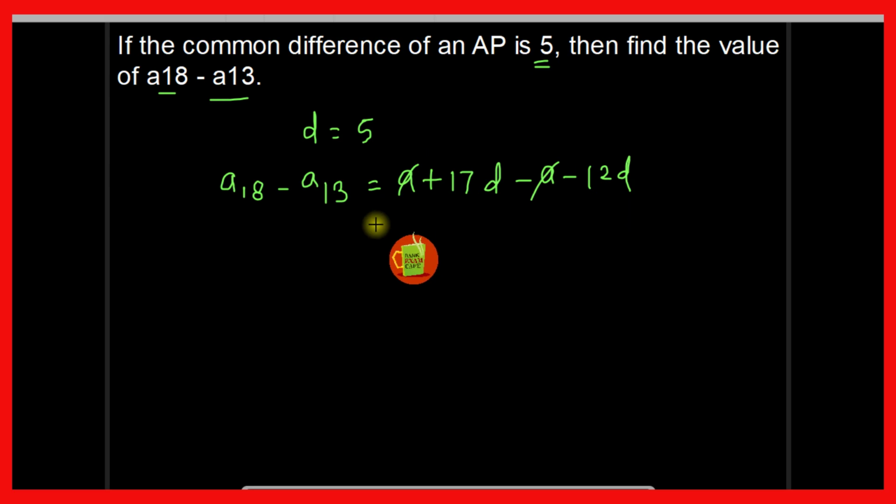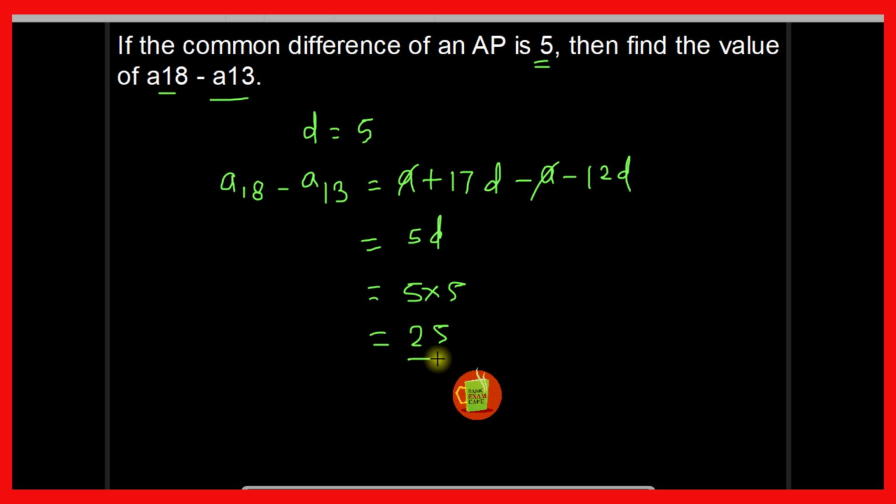So here A and A will get cancelled. 17D minus 12D, that will be 5D, and D is 5, so it will be 5 into 5, which is equal to 25, and therefore the difference between the 18th term and the 13th term is equal to 25.